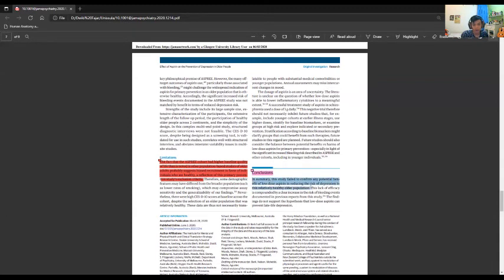So there are no harms here, but the study failed to confirm the potential of low dose aspirin in reducing the risk of depression, and this is not supporting the hypothesis.